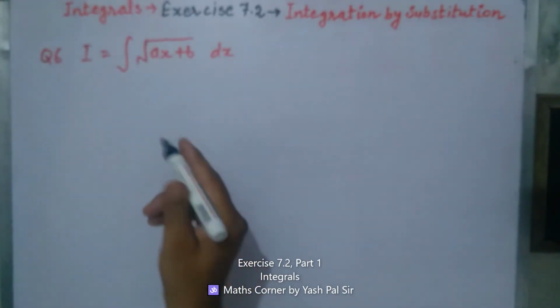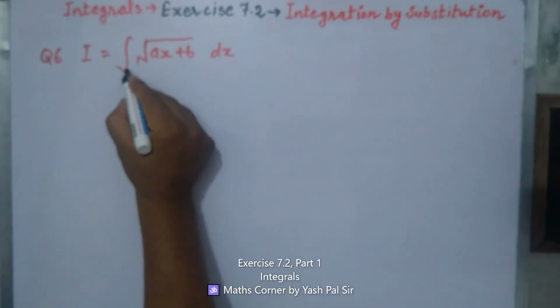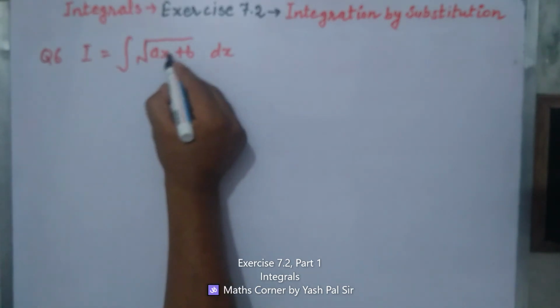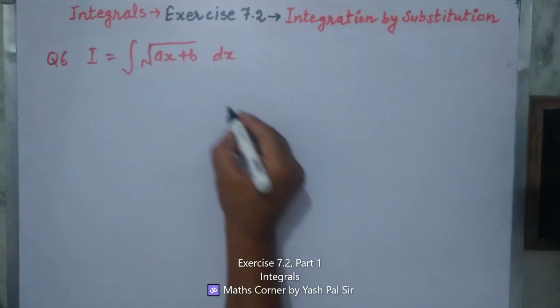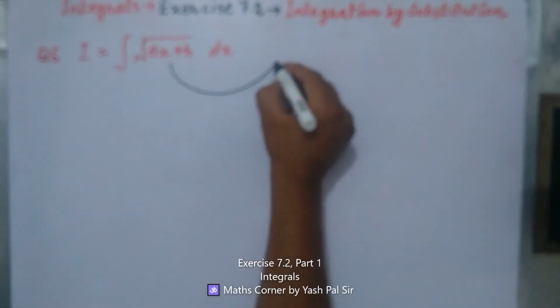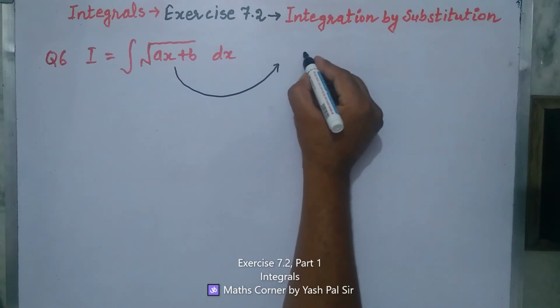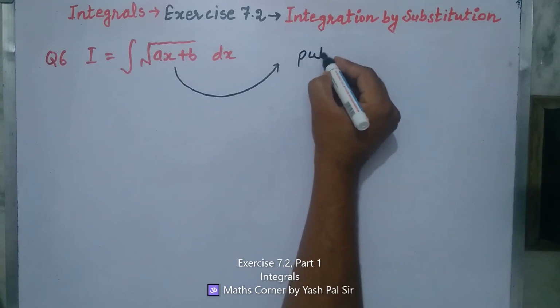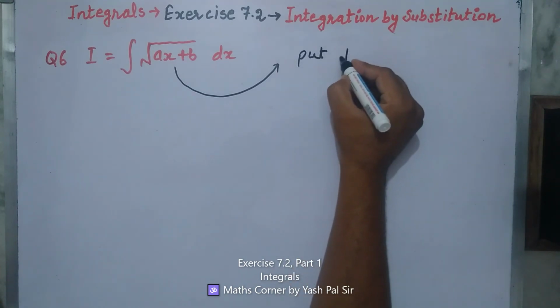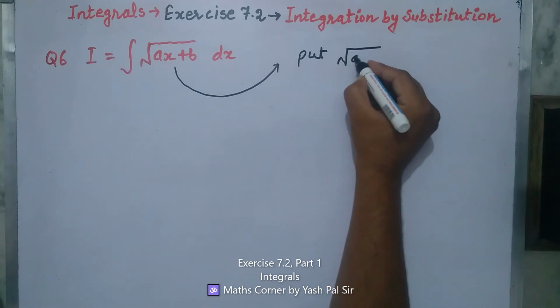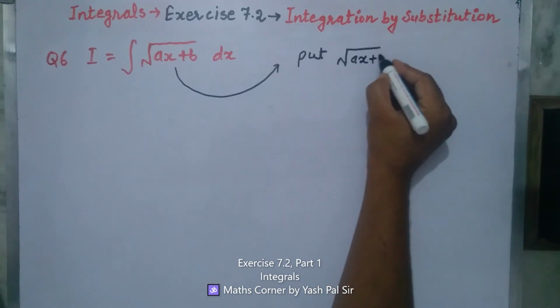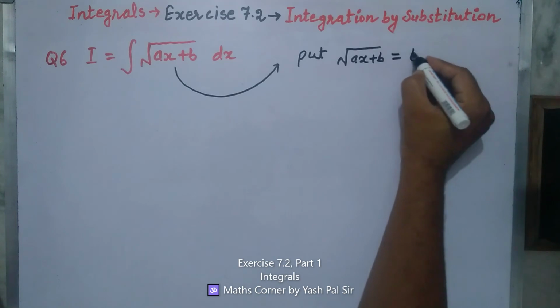In question number 6, I is equal to the integration of square root of ax plus b. Now this is a great problem for us. So let us put the whole function, square root of ax plus b, equal to t.